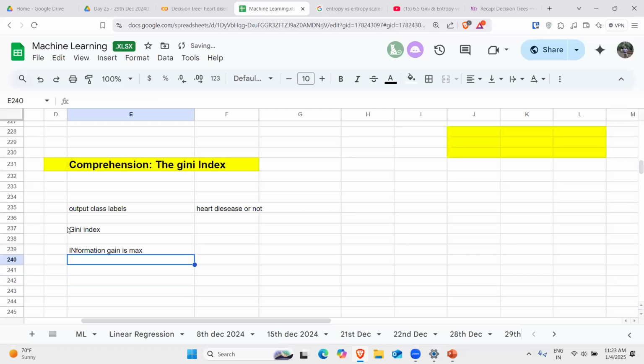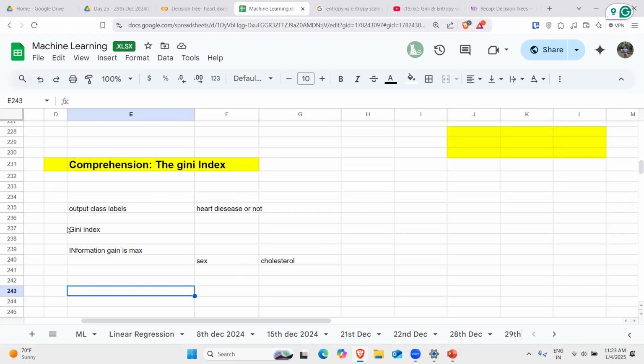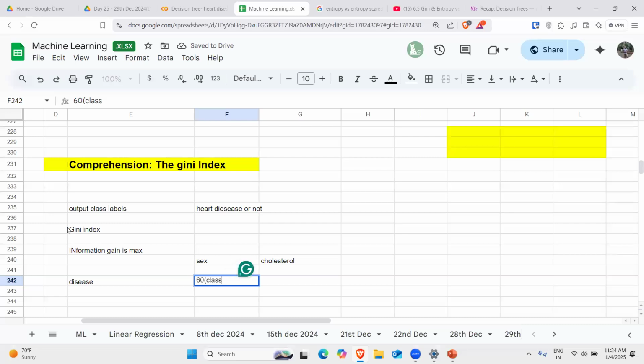You can calculate the Gini index for the split on sex and compare that with the Gini index of the split on cholesterol. So we have two features, sex and cholesterol. Suppose you are given data for 100 patients and the target variable consists of two classes: no disease and disease, 60 and 40.